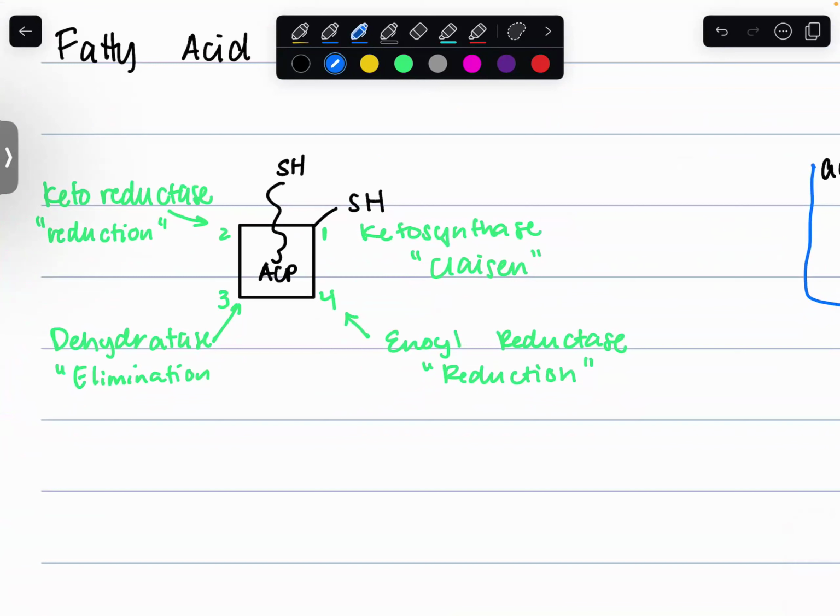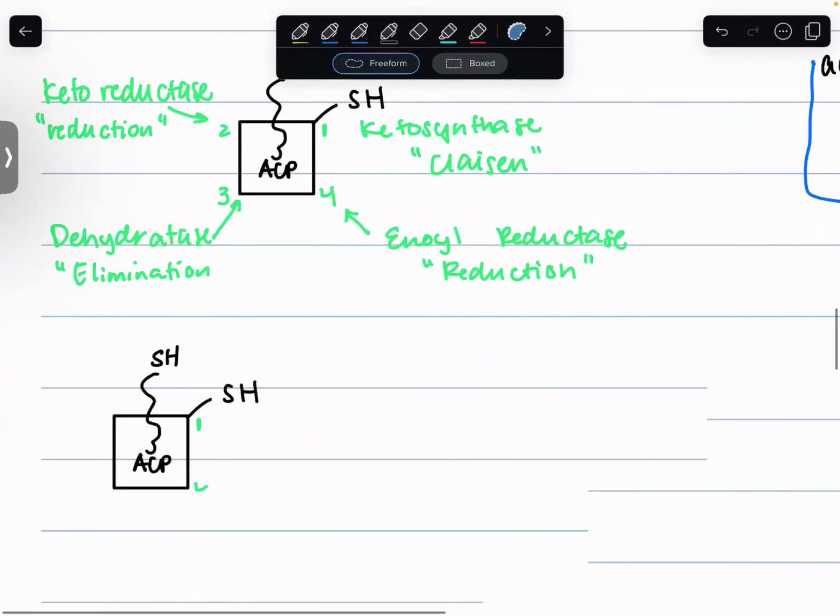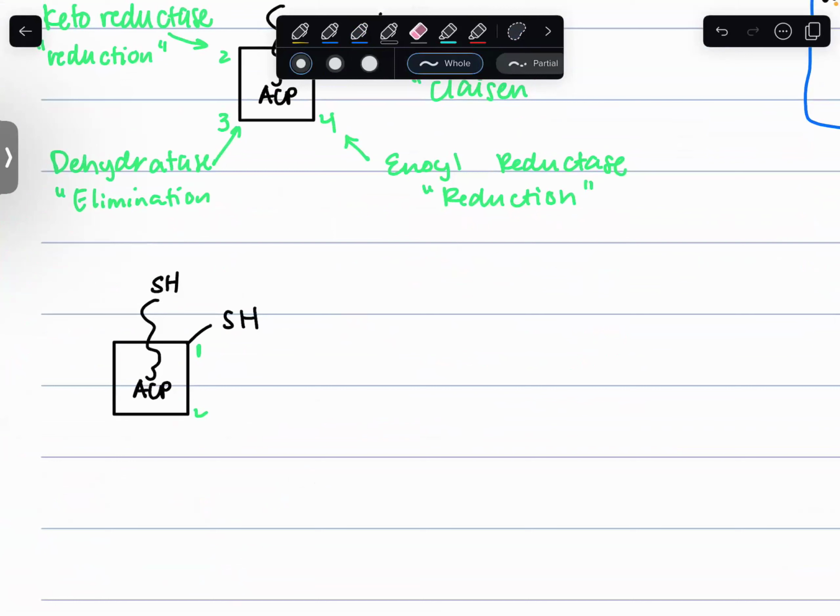We have these 2 files, right? We're going to take them and copy paste. The first step is loading our acyl-CoA, acetyl-CoA. So we have this start. Also, if it's easier for you guys to think of CoA as just R, you can do that.